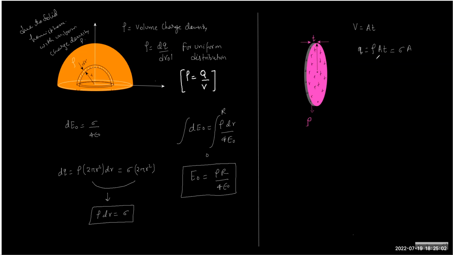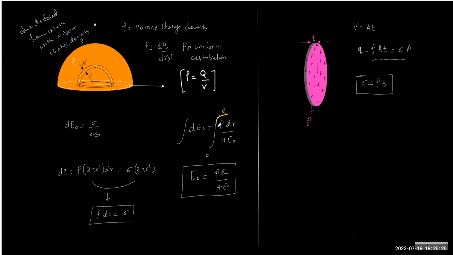And again, that clearly shows the relation which I was talking about. So sigma is always equal to density into thickness. And in the previous question, thickness was dr. So we write rho dr. Can you see that?